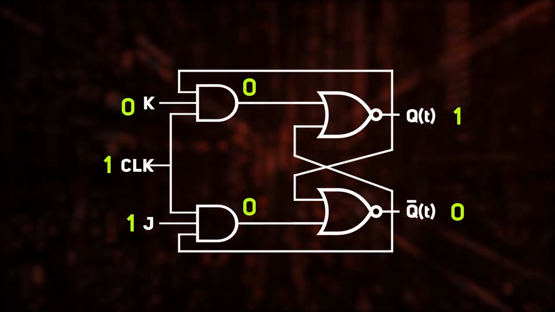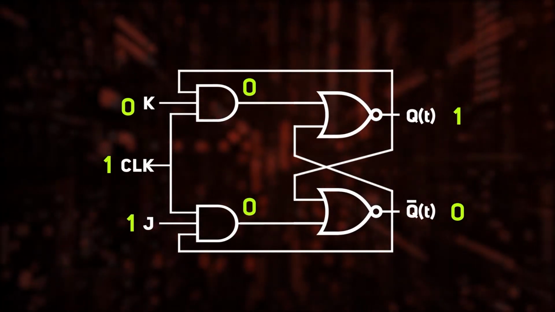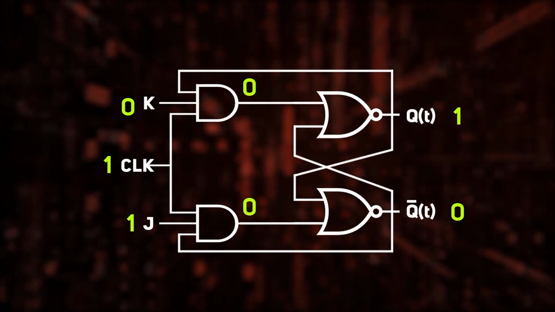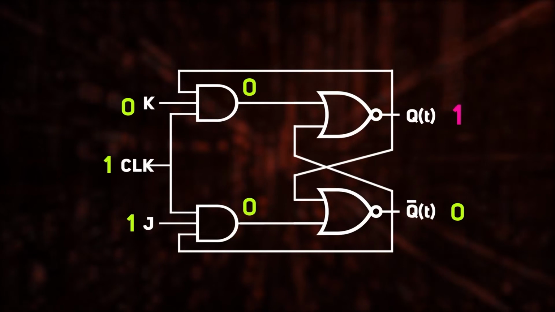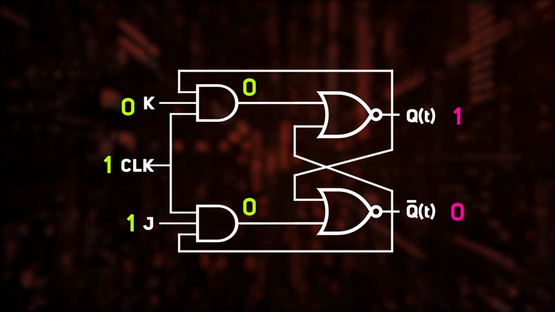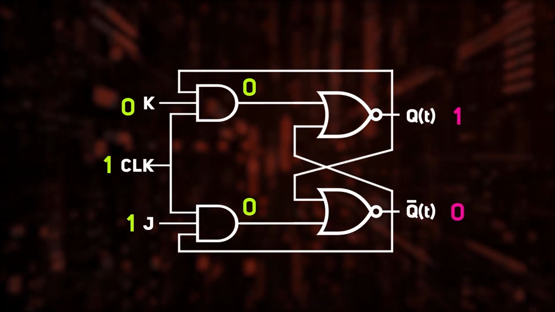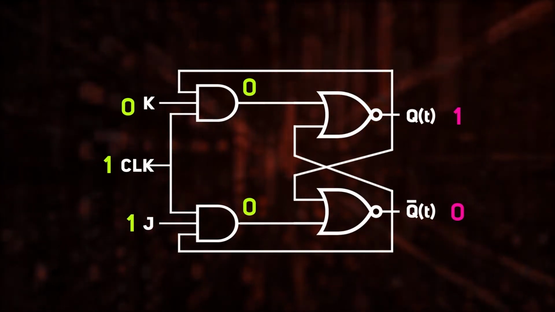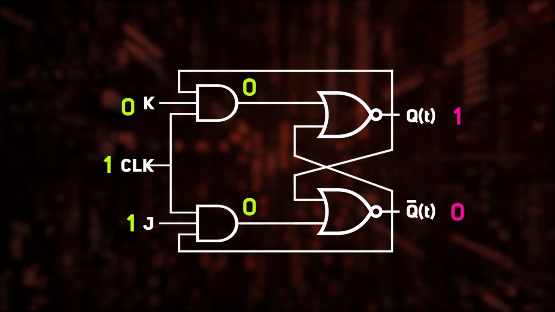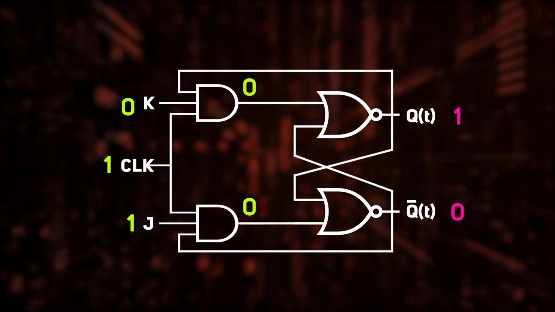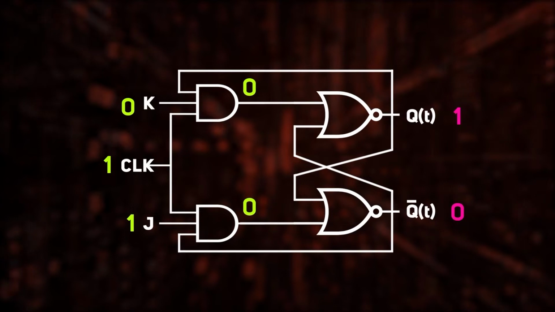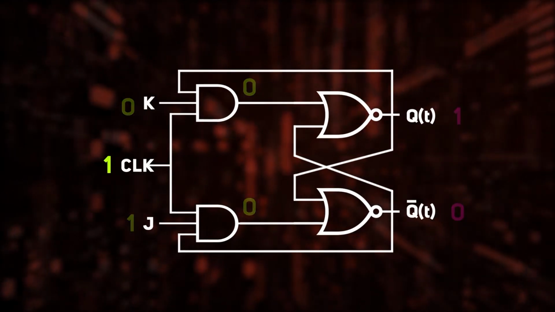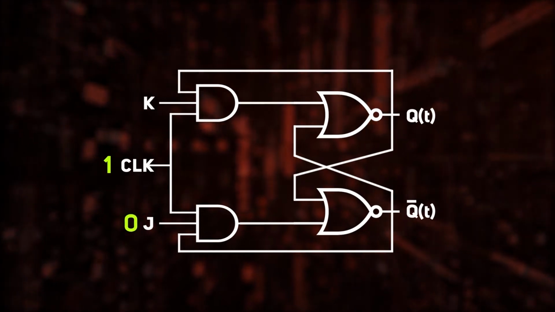It will retain the previous state, that is, the output of the JK flip-flop will be the same as the previous state, Q equal to 1 and Q complement equal to 0. After considering the two scenarios, we can infer that when J equal to 1 and K equal to 0, the flip-flop will turn to a set state irrespective of its previous state values. Let us see the next case, J equal to 0 and K equal to 1.